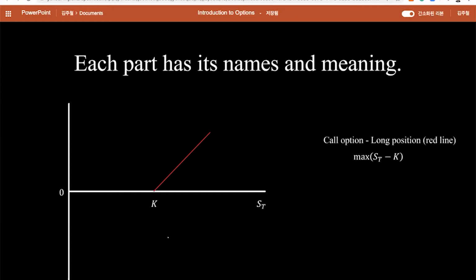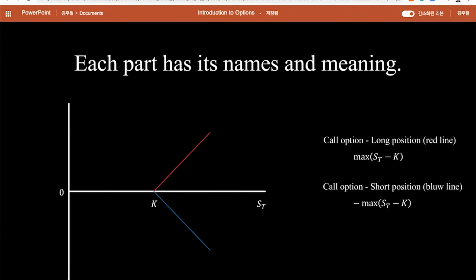And that person is this part. I said this blue line was the obligation part of the forward contract.